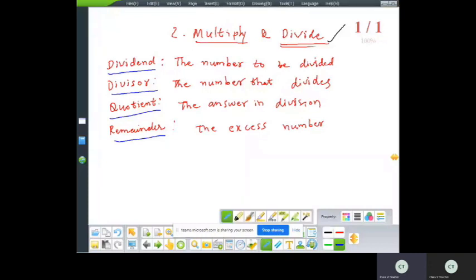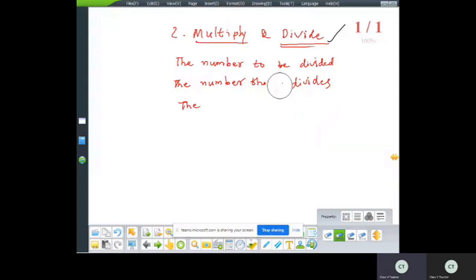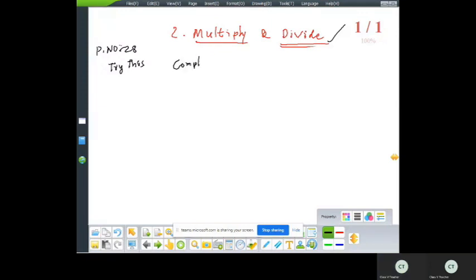Everybody open page number 28. Complete the following table. Try this.